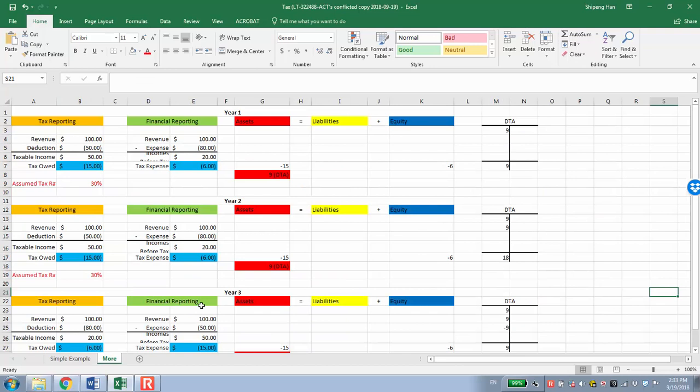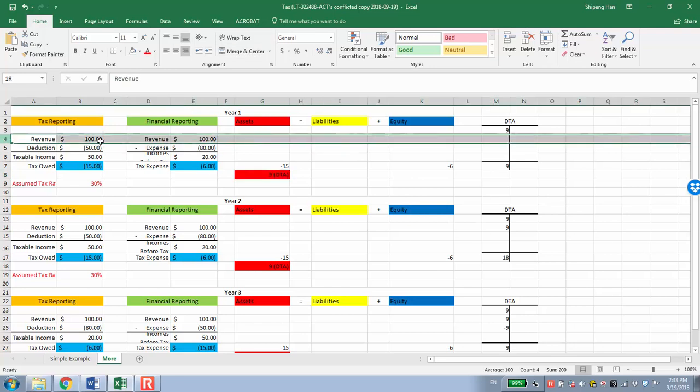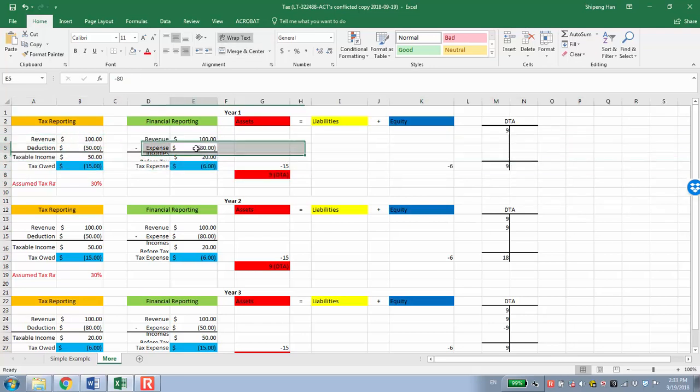Let me show how this works. I just assume in year 1, the company recognized $9 deferred assets. The reason is the expense is greater than deduction, or the taxable income is greater than income before tax.